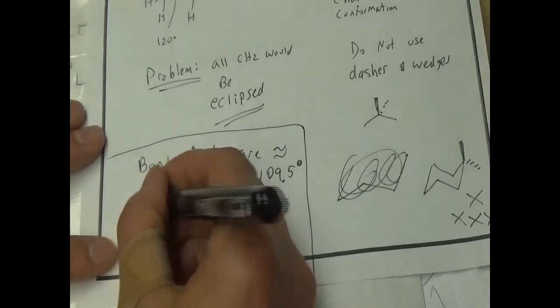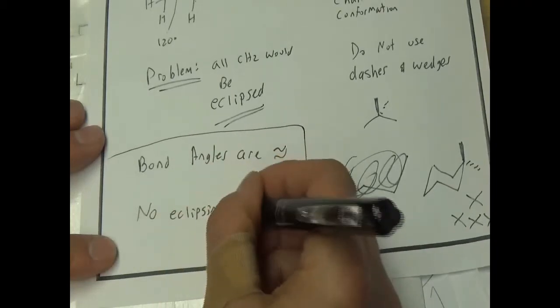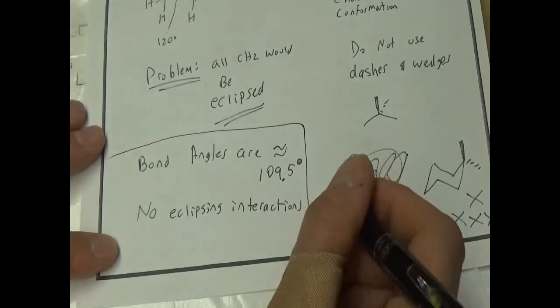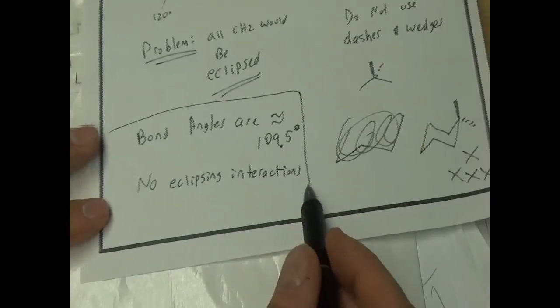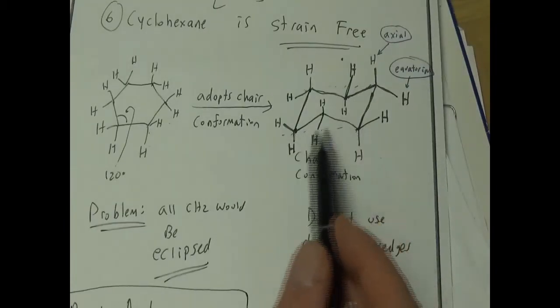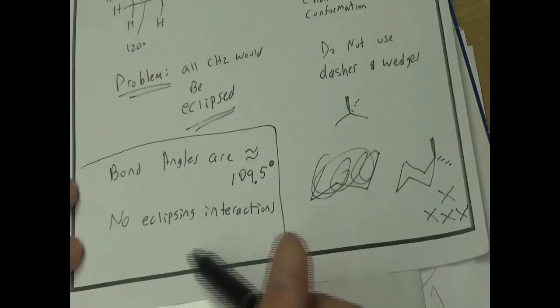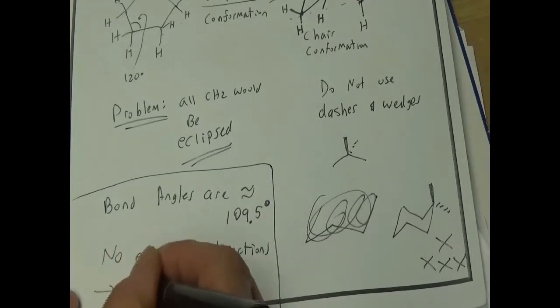There are no eclipsing interactions. So what are they if they're not eclipsing? When we consider each of these CH2s, what's the opposite of eclipsing? They're staggered. All are staggered.